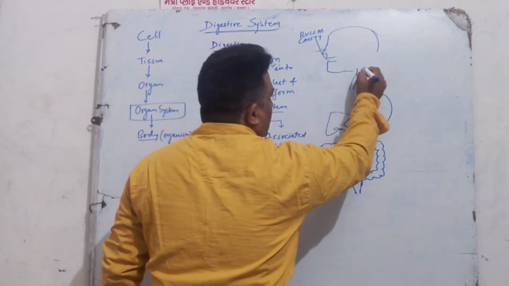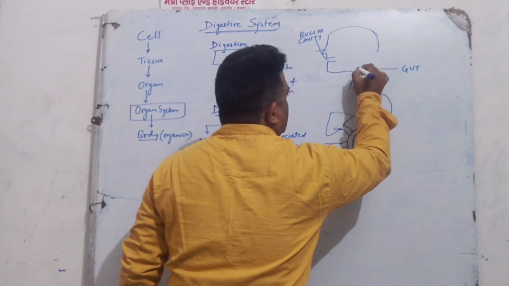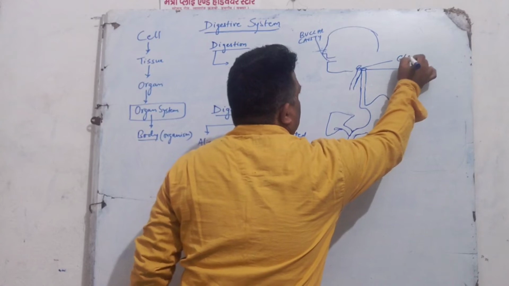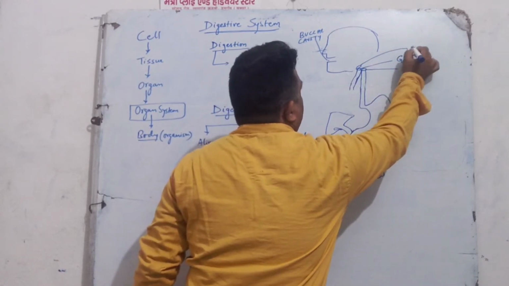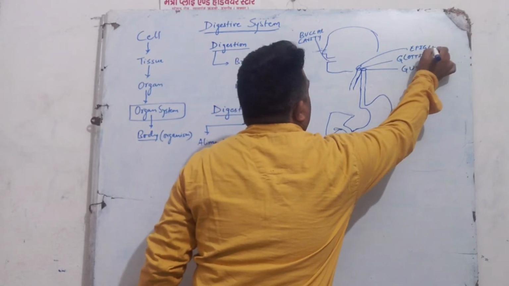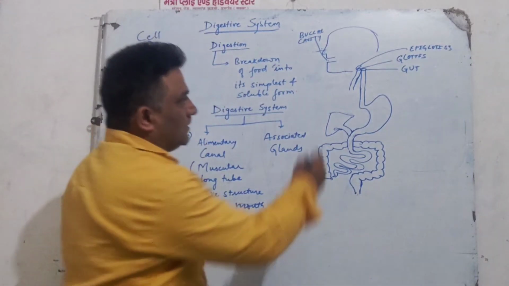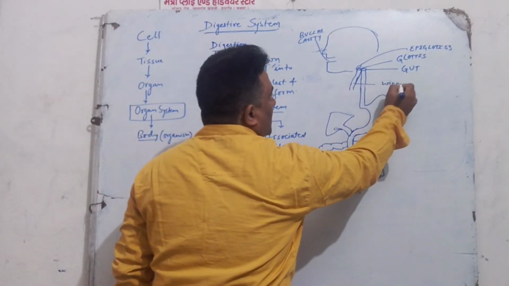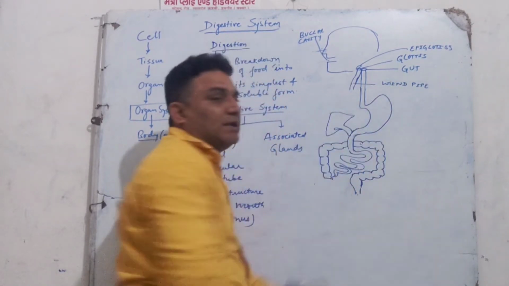This is actually the gut. This portion is called the glottis. This portion is the epiglottis. Okay. You know it very well. It is a windpipe, which actually enters our lungs.